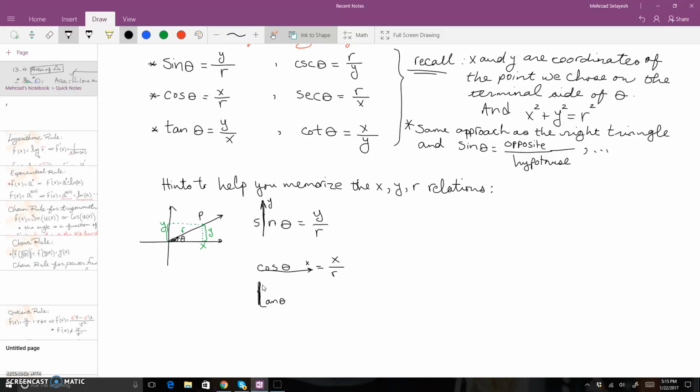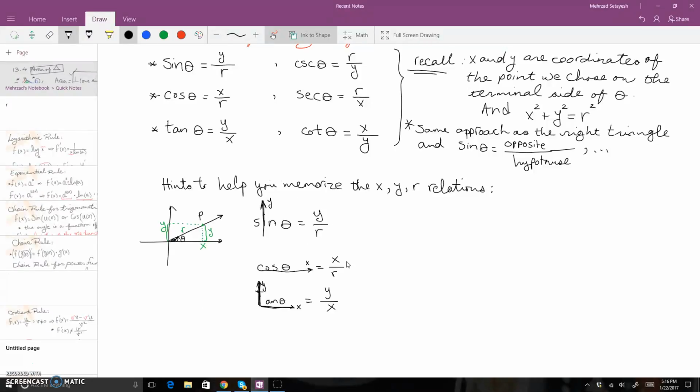Here is this side, which is like the y-axis, and here's the other one, which if I extend it is like the x-axis. So what I have for tangent is y over x. So we have y over x for tangent of theta.